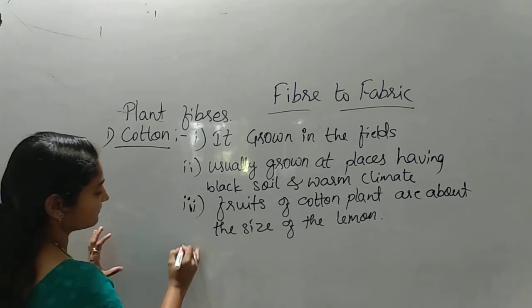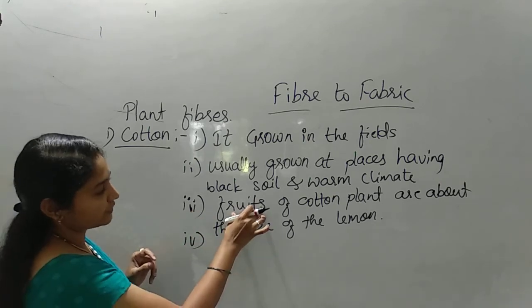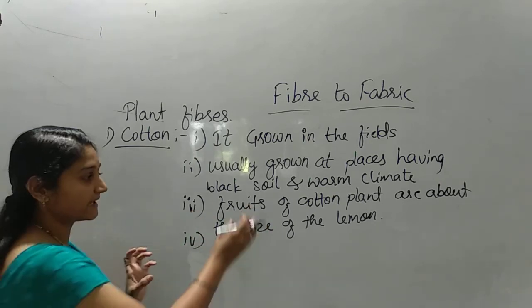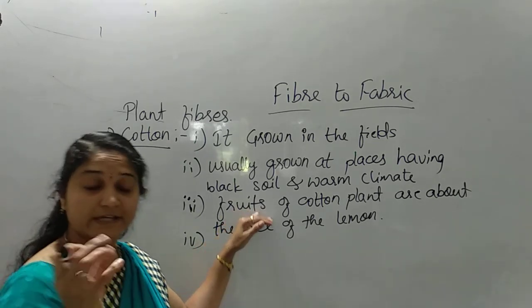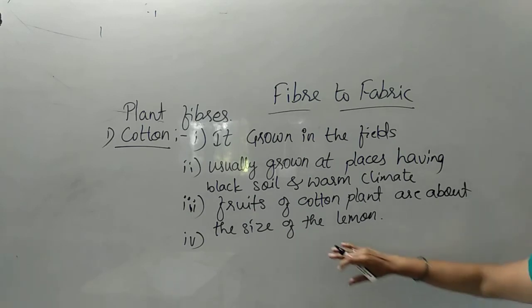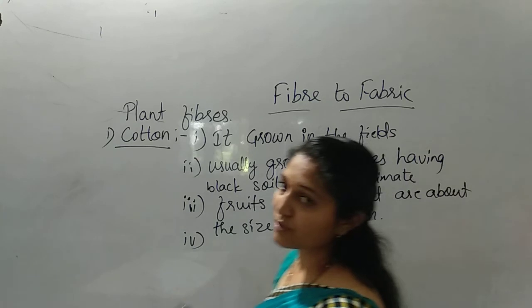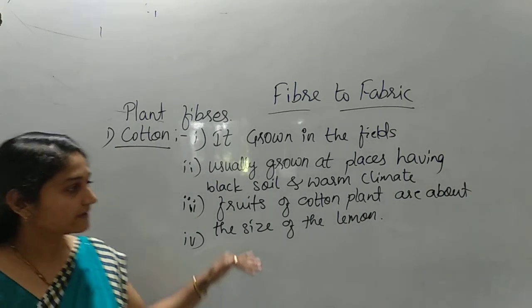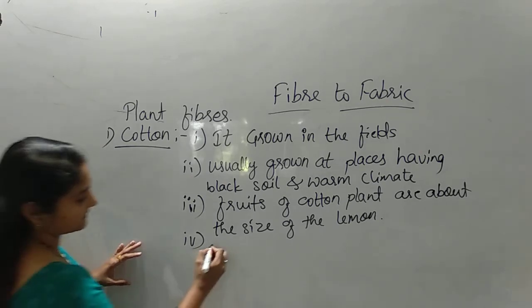The cotton fiber is there in the cotton fruit, or cotton ball. So when the cotton balls mature, they burst open, and then the fiber is exposed.